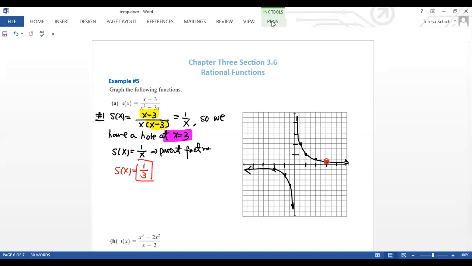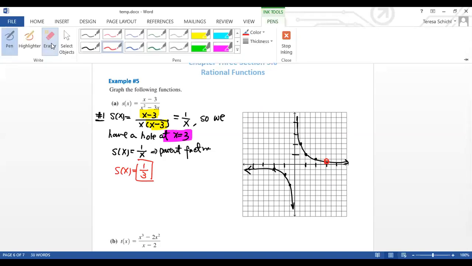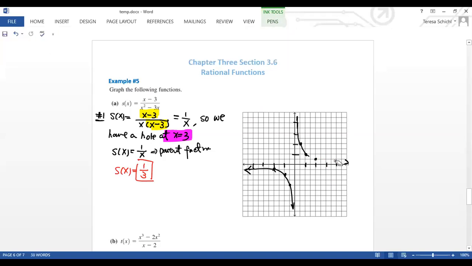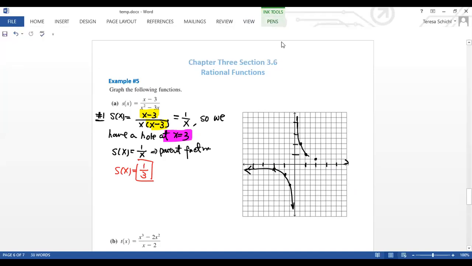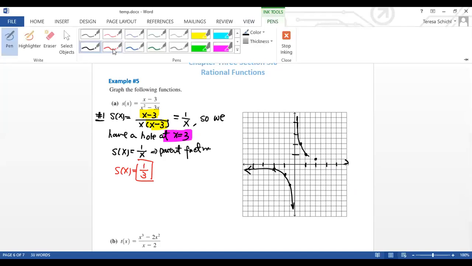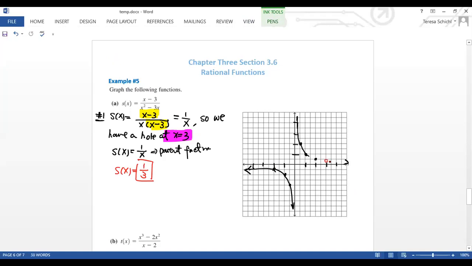So basically, I hope that I don't erase it too much here. When x equals 3, instead of having a line, you have a hole here. And then the remaining graph will be, where is my hole? It disappeared. Okay, so the hole is here, right?